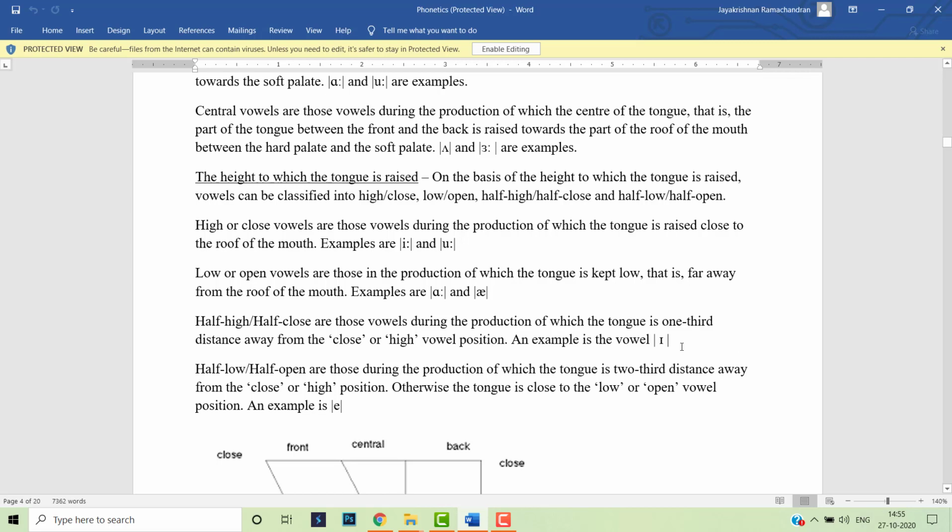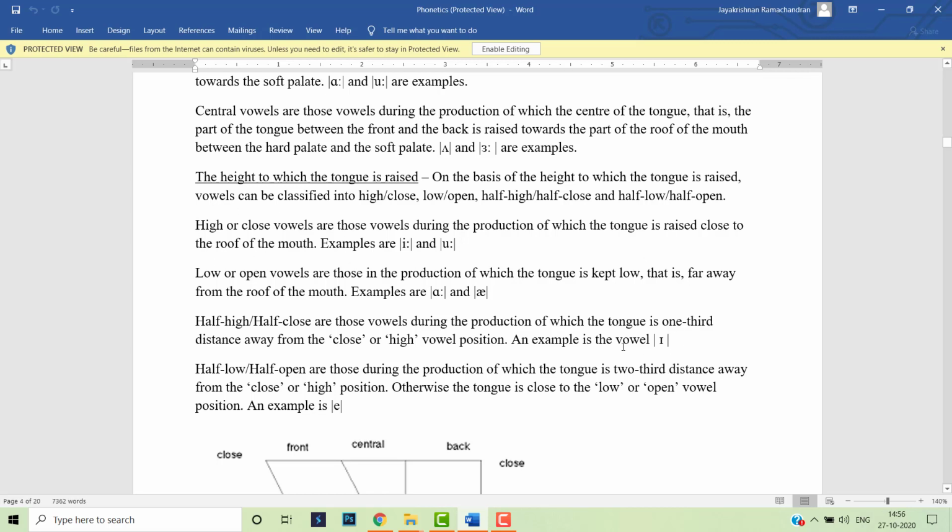An example is when you say the sound, you raise your tongue, but it would not go as high as when you say ooh, because you needn't take that much effort. You can simply say it, rather than saying ooh, where because of that exertion your tongue will tend to go a bit higher, thereby becoming a high or close vowel.